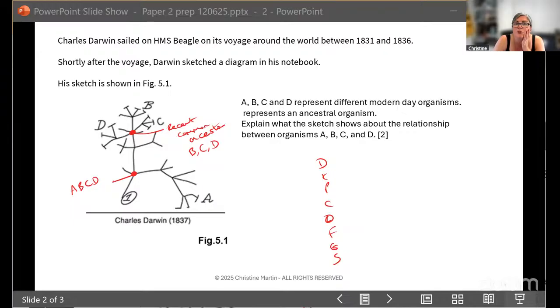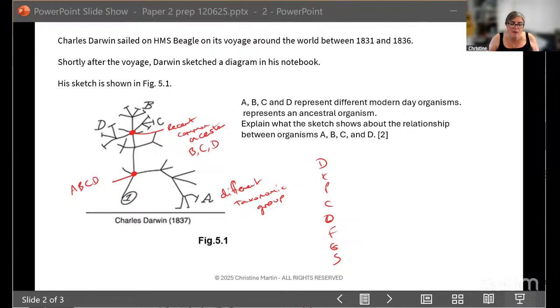You should therefore note the fact that A is in a different branch coming off. That means that it diverged away at a much earlier rate, and therefore this one would be in a different taxonomic group. Whereas B, C, and D would be within a more similar taxonomic group because they evolved from a more recent common ancestor.